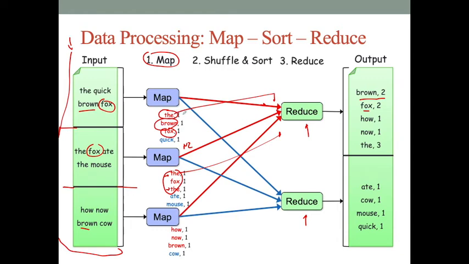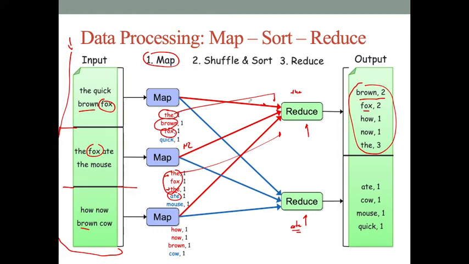For example, all the elements with the are going to be appearing in this reducer, and all the elements, for example, with 8 are going to appear in this reducer, and so on and so forth. That's something important because this information is not going to be separated, and then we can just process and count the frequencies of all the keys in order to get the final output of the program.